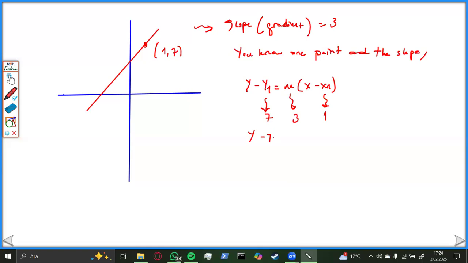So y minus 7 is 3 times x minus 1. Your final equation is y minus 7 equals 3x minus 3. In gradient intercept form, you can say that it is y equals 3x plus 4. As you can easily realize, this is the final equation for our line.